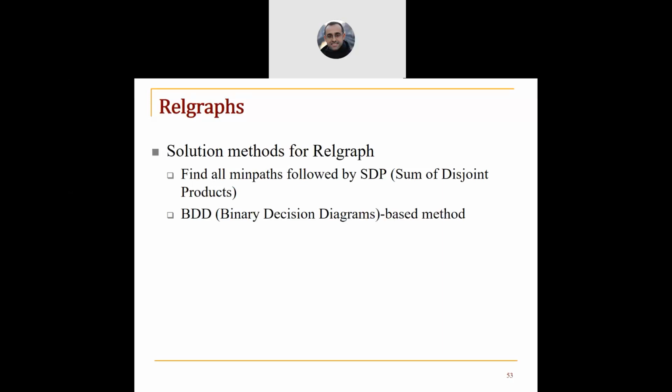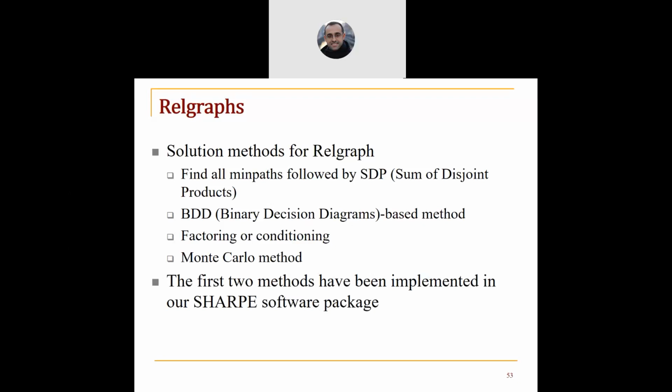The second method is binary decision diagrams. The third method is factoring or conditioning. And the fourth method is using Monte Carlo. The first two of these methods have been implemented in SHARPE, namely finding min paths followed by SDP, and BDD.